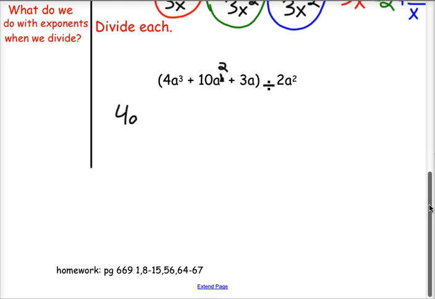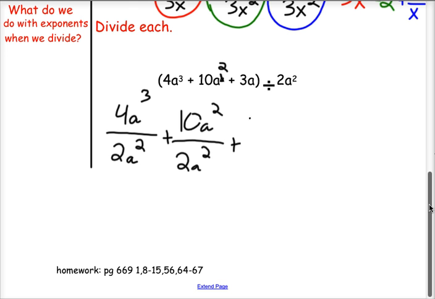I'm going to split everything up to divide each term individually by that denominator. Oh, not x. That should be an a. All right, so once I split it up, now I'm going to simplify each piece.